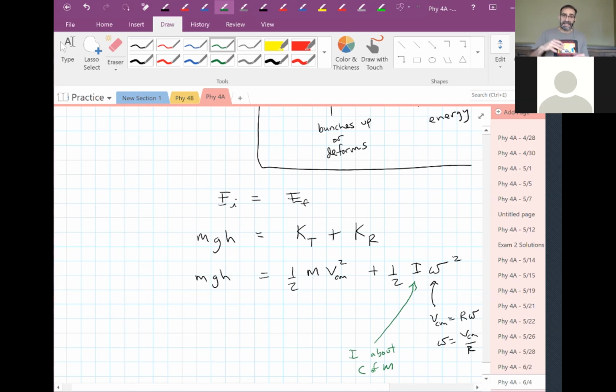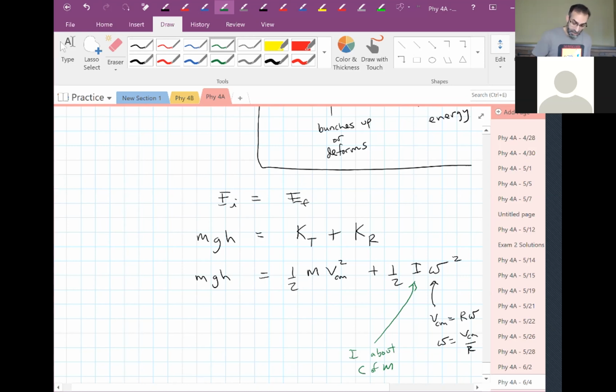If you really want to think about rolling properly, you would need the rotational inertia about the point that's touching the ground. That's where it's rotating. But we said we can break up the motion into pure translation, something moving, and pure rotation about the center of mass. So this I is the I for the center of mass of our object.